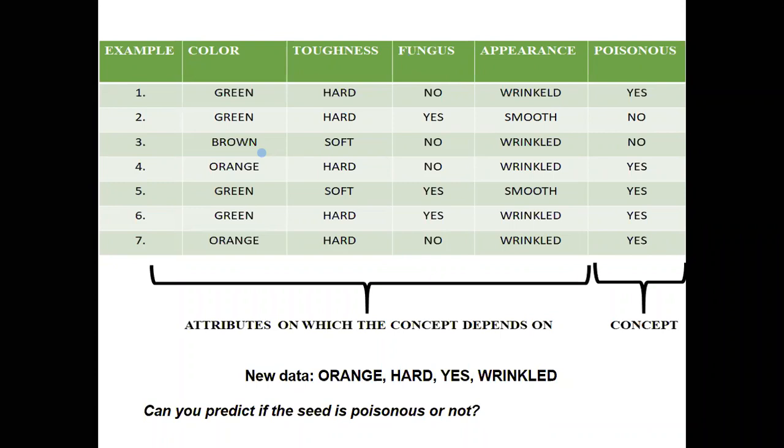If the attribute values are x1, x2, x3, x4, it belongs to class y1. x is input, y is output. In machine learning, wherever I use x and y values, x means it's a set of inputs, attributes, and y is the class. Class may be one class, two class, or three class, multi classes. It may be any values, y value. So x is nothing but x1, x2, x3, x4 attributes. It may have 5 attributes or 10 attributes. It may go on like that.